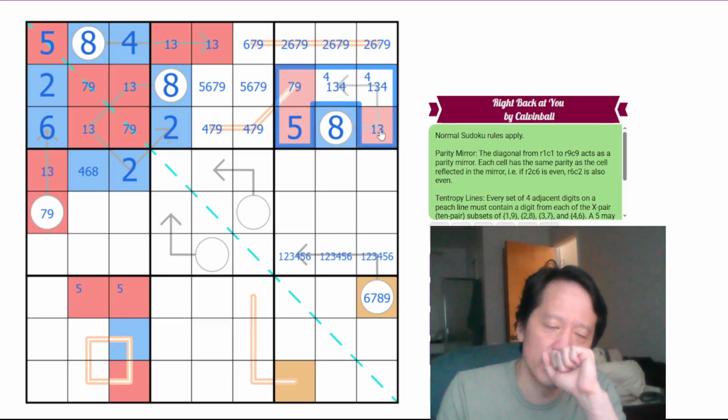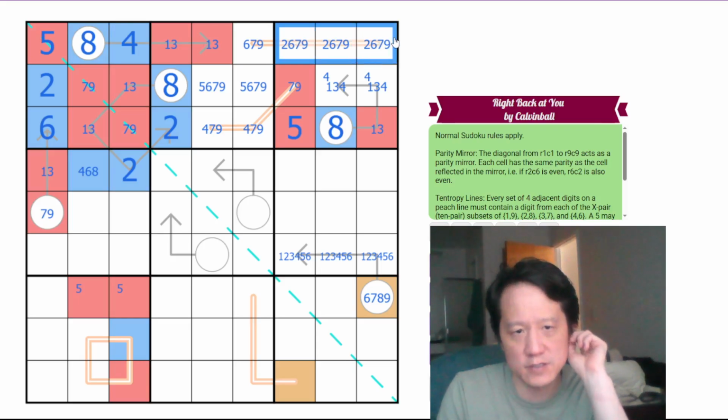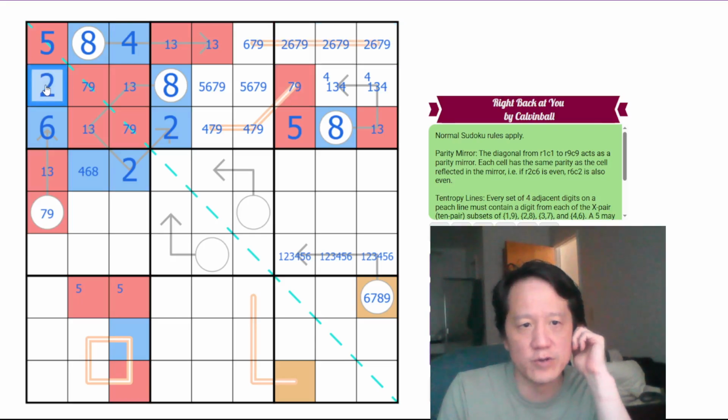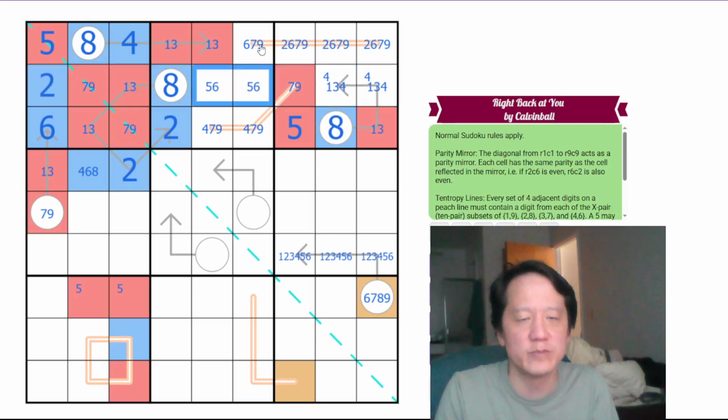We have a 2 here, and one of these must be 6. Because we have a 7, 9 pair in row 2, which eliminates 7 and 9 in the rest of the row. This is a 5, 6 pair, which eliminates 5 and 6 in the rest of the box.